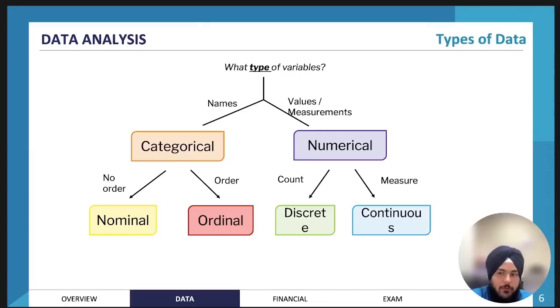Furthermore, for categorical variables, we have nominal and ordinal categorical variables, where the nominal variables have no particular order, whereas the ordinal variables usually have an associated order. For numerical, we can have discrete and continuous numerical variables, with discrete numerical variables being variables that we usually count, and continuous numerical variables usually being those that we measure.